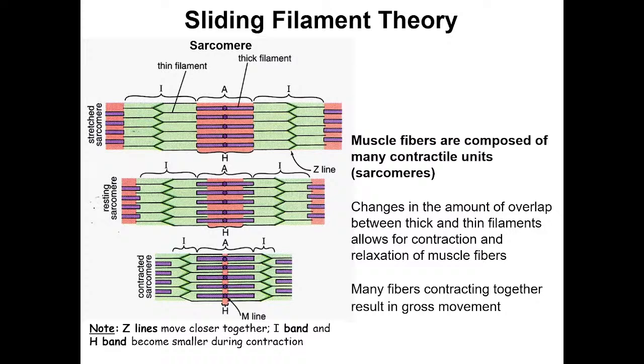We have seen that muscle fibers are made up of myofibrils, and myofibrils have sarcomeres. The sarcomere is actually the structural and functional unit of the muscle. These filaments are overlapping each other, as you can see here. Can you see that the thin filaments are overlapping the thick filament? When this overlapping changes, contraction takes place.